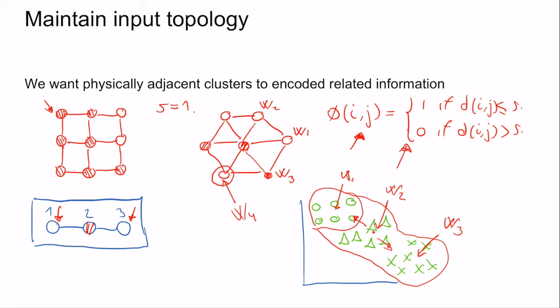But also when it is the closest to the inputs in this second cluster, then it's also updated. So this neighborhood function, together with the topology that we impose in our self-organizing map, is what helps us make sure that clusters that are close to each other encode related information.